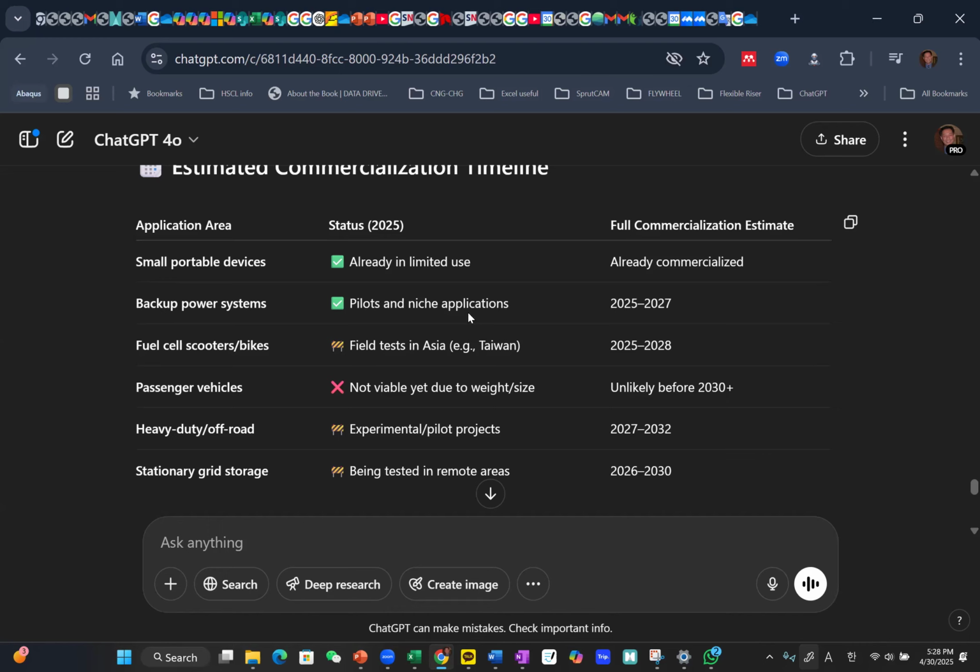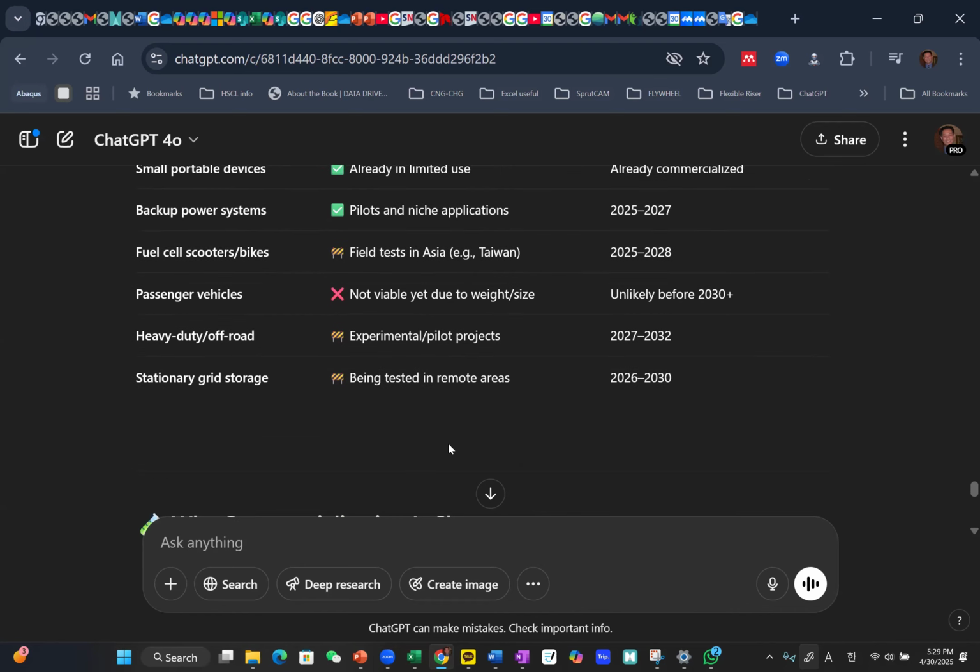Well, this is the important point. See, if you are interested in this metal hydride, I will pay more attention to passenger vehicle applications. Even though ChatGPT says not viable, we can be smarter than ChatGPT.